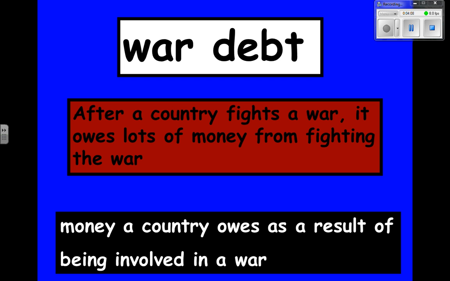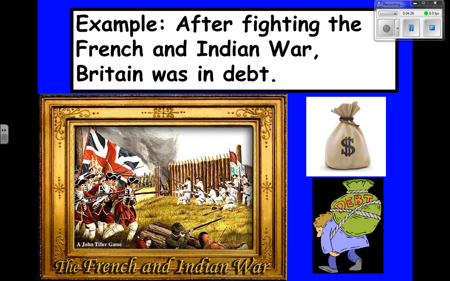In this particular situation, when we're talking about war debt in the colonial period, we're really talking about the money that is spent and owed from the French and Indian War. Talk about that more later. There's your example. We fight the French and their Indian allies for control of the Ohio Valley area in North America.